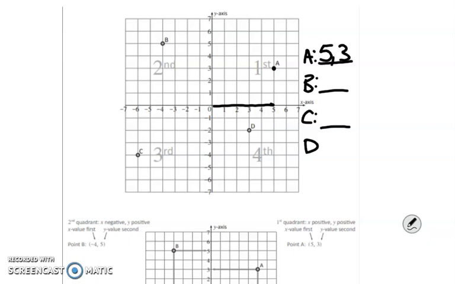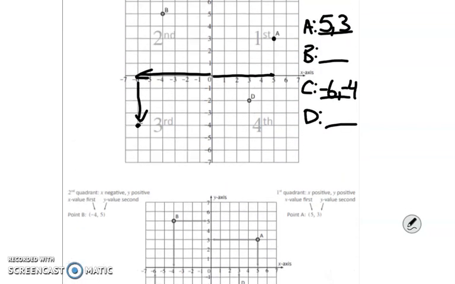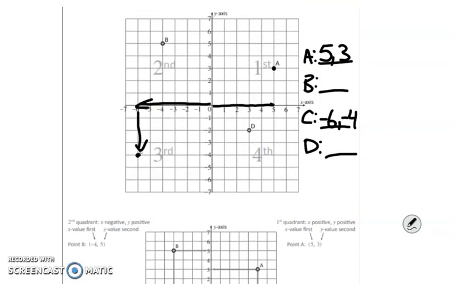Now that was a poor example for me to do because I always say if you're going to get a teacher to do an example, do the harder one. So let's do the hardest one, which is maybe C. We want to measure our x-axis first. That's -6. And then our y-axis next, which is -4. So the Cartesian coordinate for that is -6, -4. If you go further down on your page, you'll see that the answers are actually right there because this is kind of practice guiding you through it.